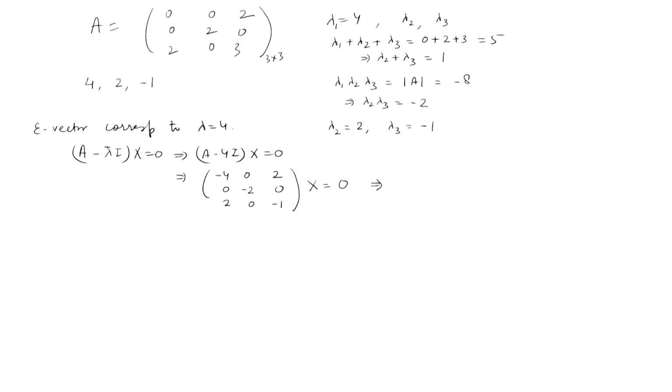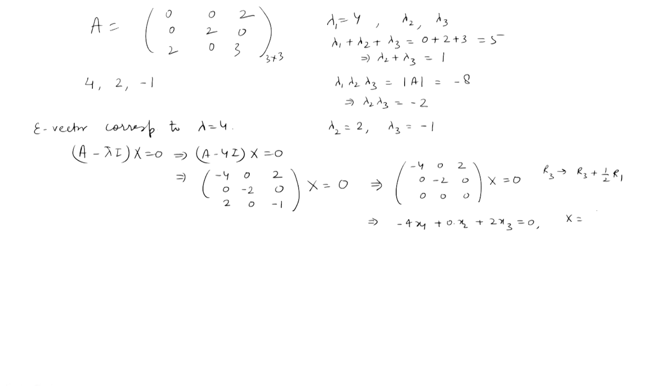This implies now we will try to convert this into its echelon form. Okay. We will make 0 here with the help of this; this is already 0. Which operation will we apply? R3 to R3 plus half of R1. So, this is minus 4 0 2, 0 minus 2 0, and 0 0, since this plus half of this is again 0. Now, this implies minus 4 x1 plus 0 into x2 plus 2 into x3 equal to 0.